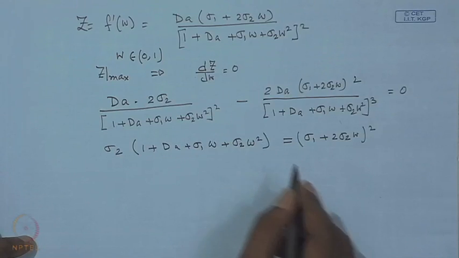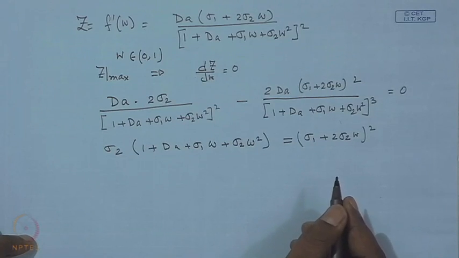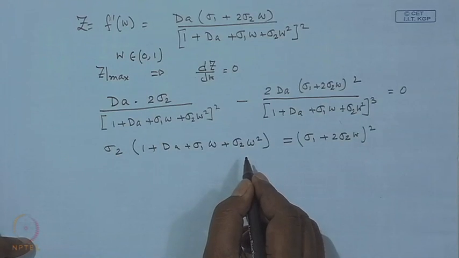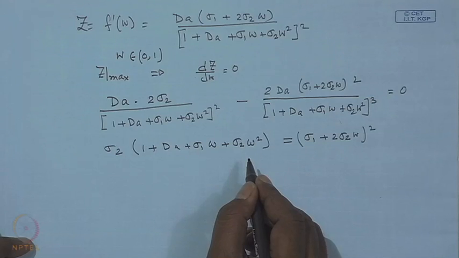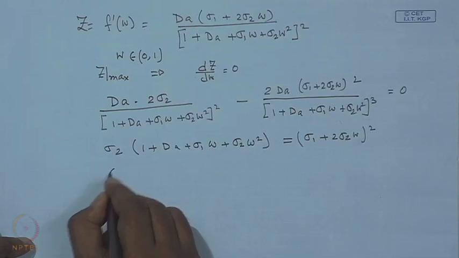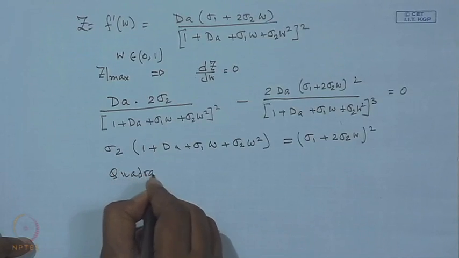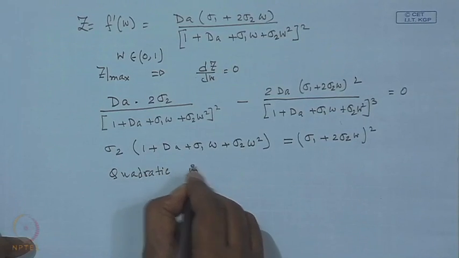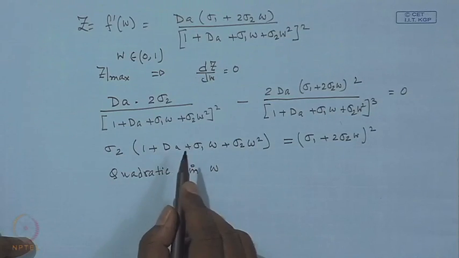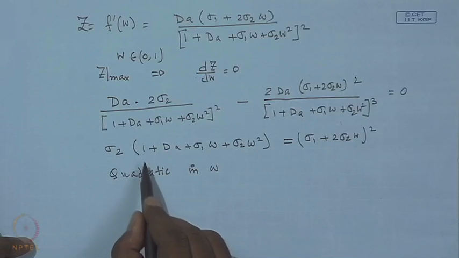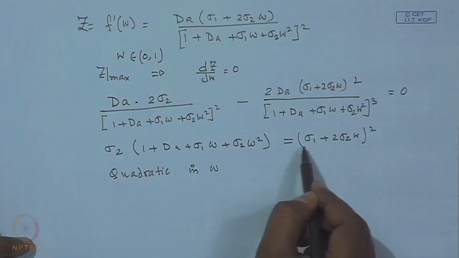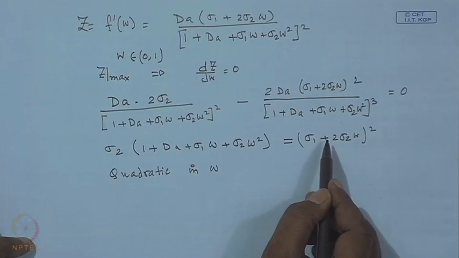So, you will be having a relationship between these. So, there are two ways to solve this problem. You just look into this problem, and this is a quadratic in w. So, you can identify that this whole thing, 1 plus dA plus sigma 1 w plus sigma 2 w square, that is appearing in the denominator, should be equal to this. So, we can substitute that one.